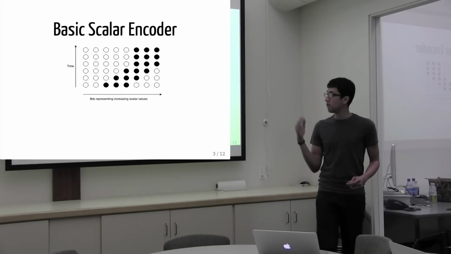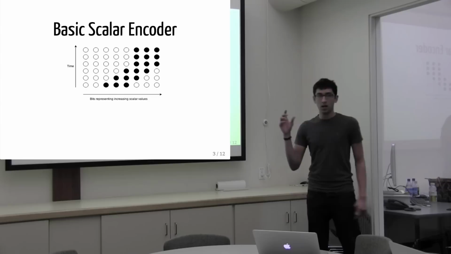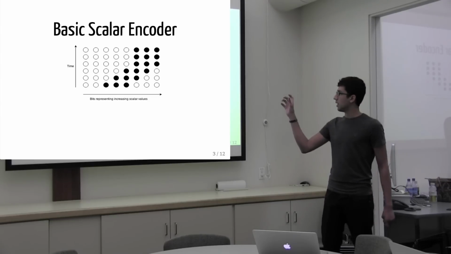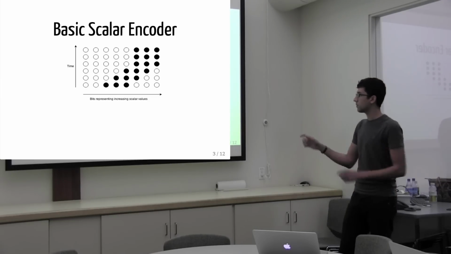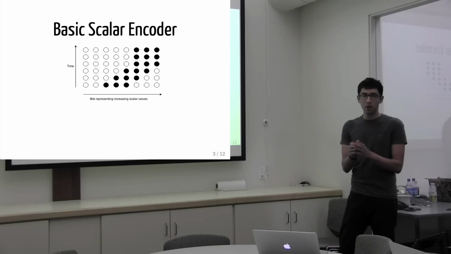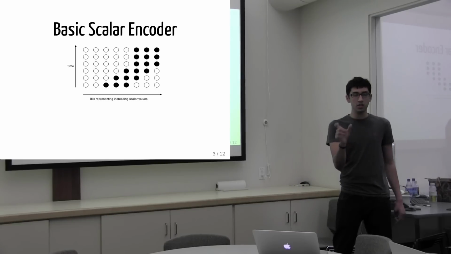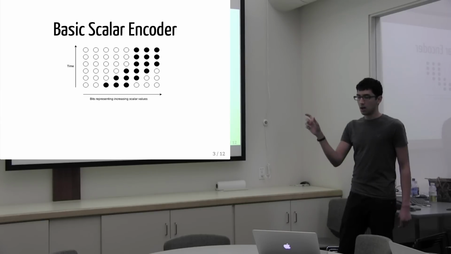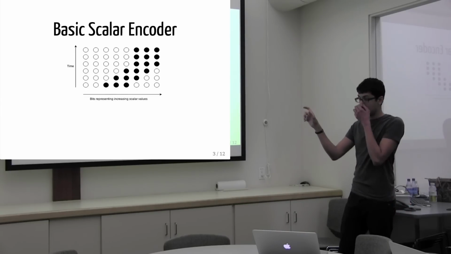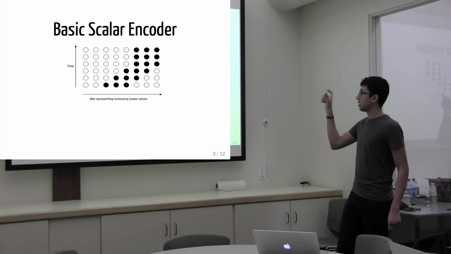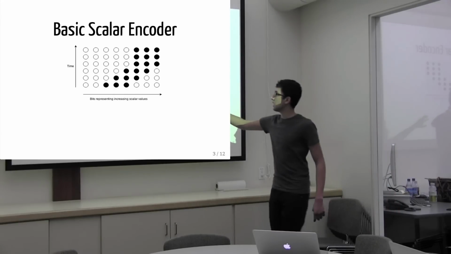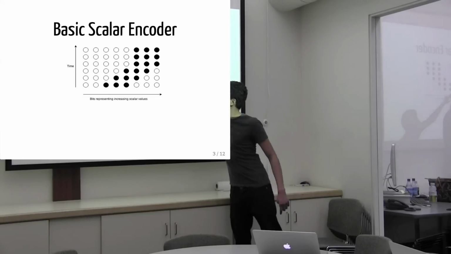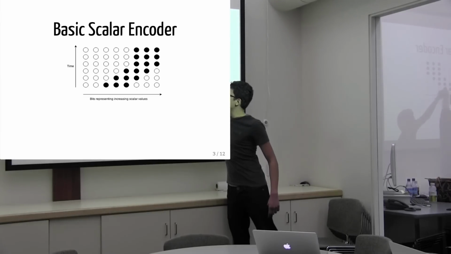So the way we did it before is we took a scalar and we would bucket it; we represent it with a set of bits that are adjacent. And the next scalar that we wanted to encode, we would represent with bits that were adjacent. So you can kind of see, let's say this is the value 3, and then this would be the value 4.